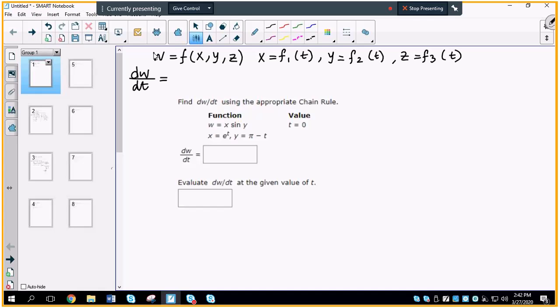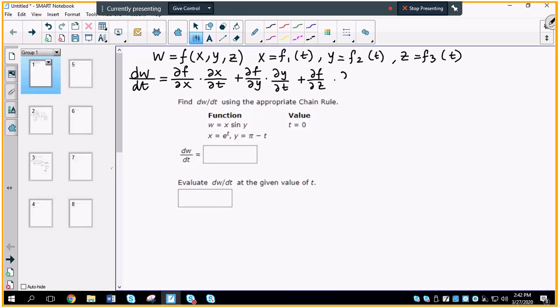So the general rule is you take the partial derivative of this function f, which is w, with respect to x, multiply by the partial derivative of x with respect to t. Then do the same thing, but this time with respect to y, multiply by the partial derivative of y with respect to t, and finally do it with respect to z.